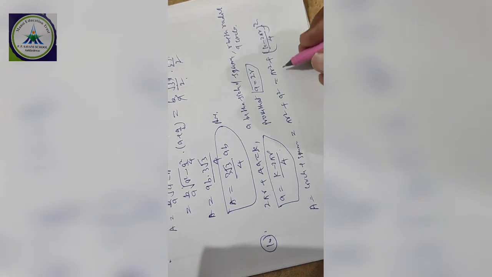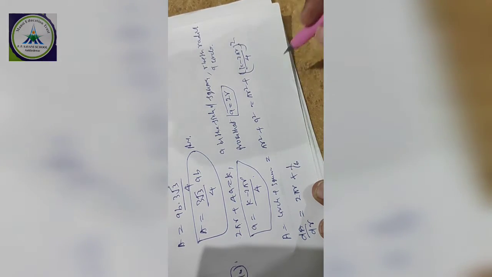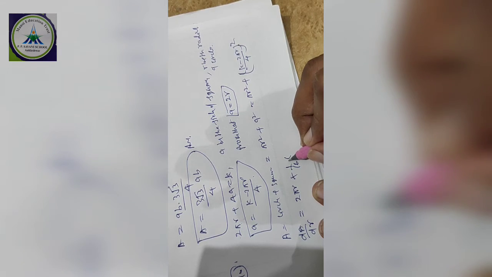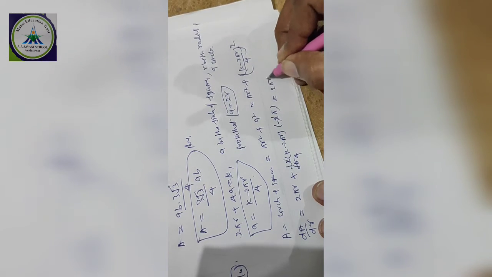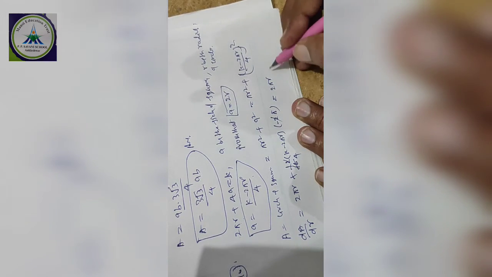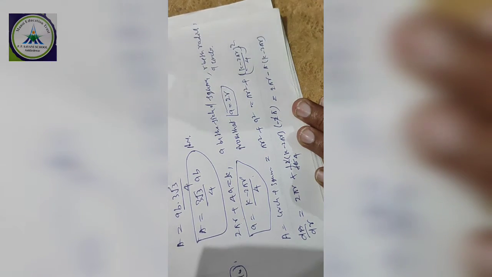Differentiating, dA upon dr with respect to r equals 2 pi r plus 1 by 16 times 2 (k minus 2 pi r) times the derivative of (k minus 2 pi r), which is minus 2 pi.